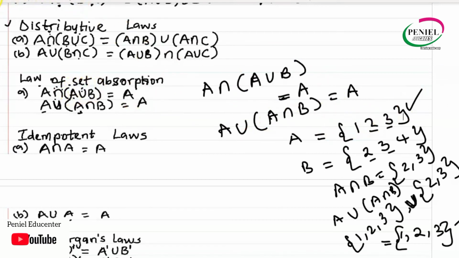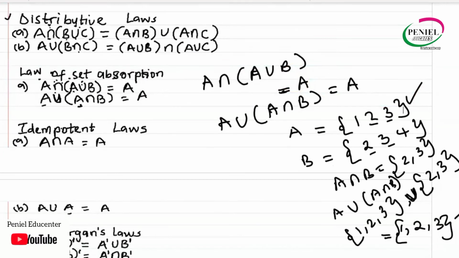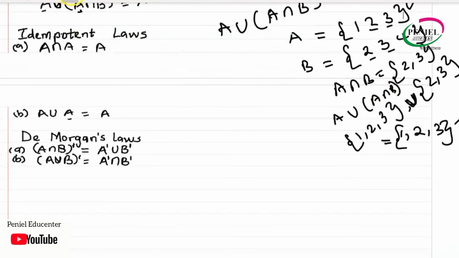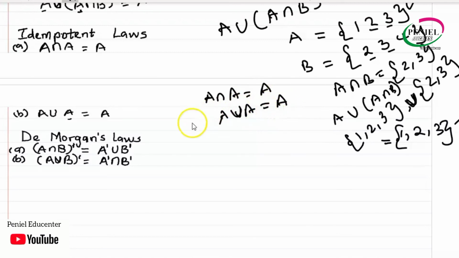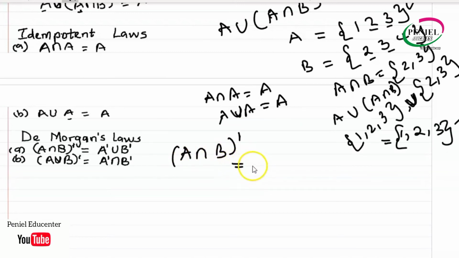So let's look at idempotent laws. What it means is that when we have A intersect A, is A, that's given. A union A is A, that's given. So if we have the De Morgan's rule, De Morgan's rule states that if we have A intersect B complement, what we're going to have is A complement union B complement.